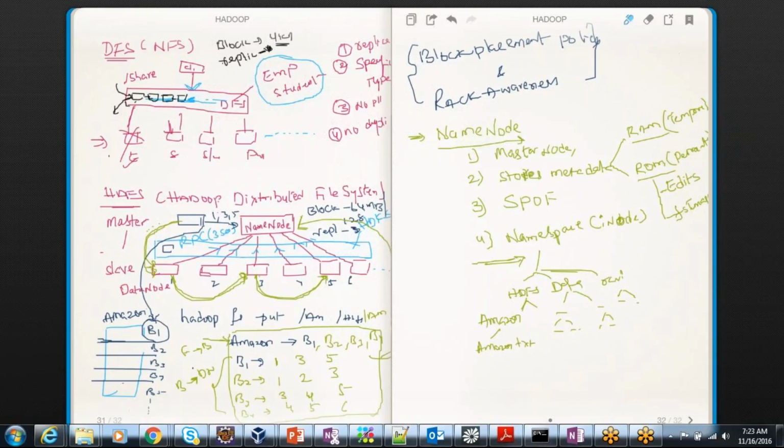Is everyone clear about the name node? If you are clear about the name node, we will discuss the roles of the name node, then we'll wind up today and continue tomorrow.